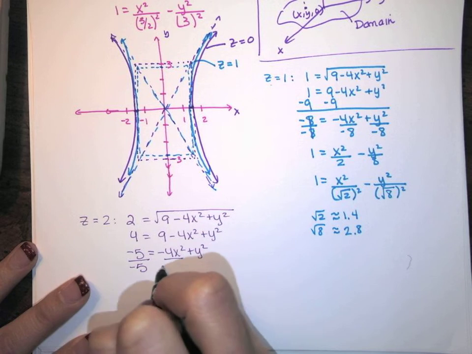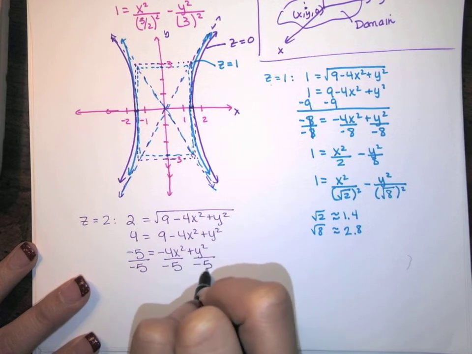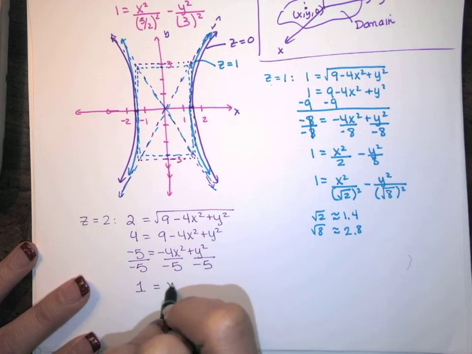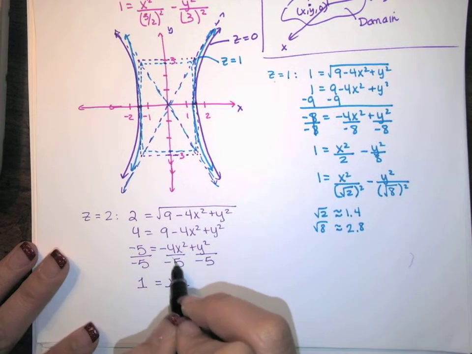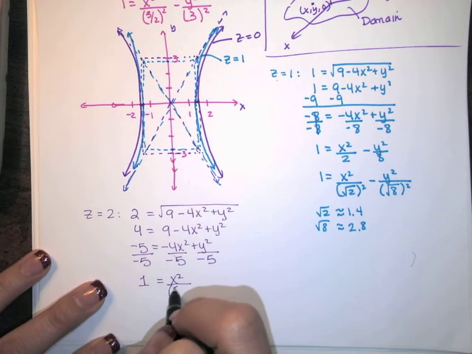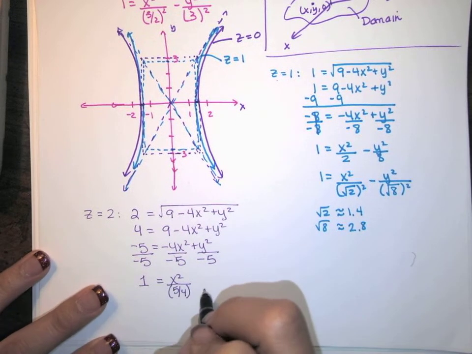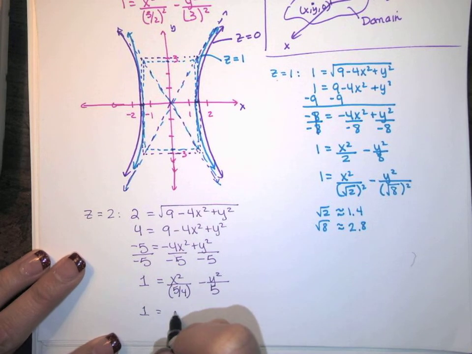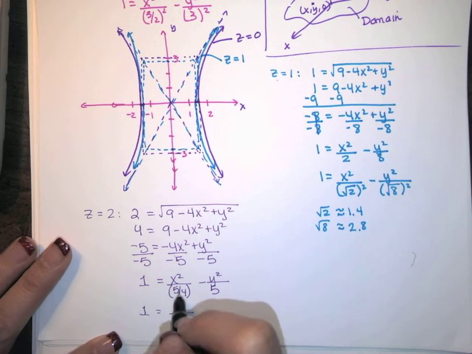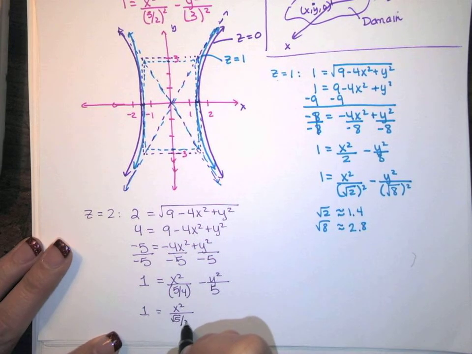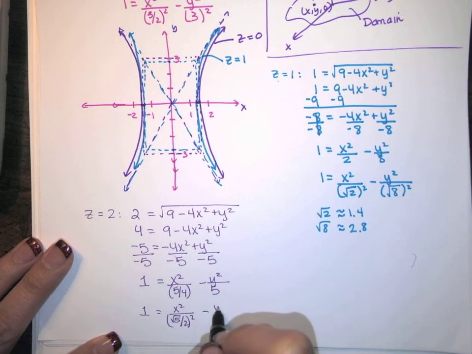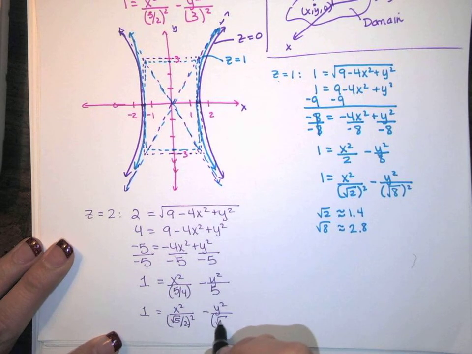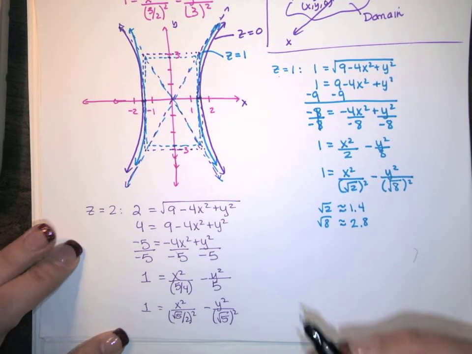Divide both sides by negative 5. And you get 1 equals x squared over, and multiplying by 4 over 5, that's dividing by 5 over 4, minus y squared over 5. And if I want to write those as perfect squares, I can just write that as the square root of 5 over 2 squared minus y squared over square root of 5 squared.